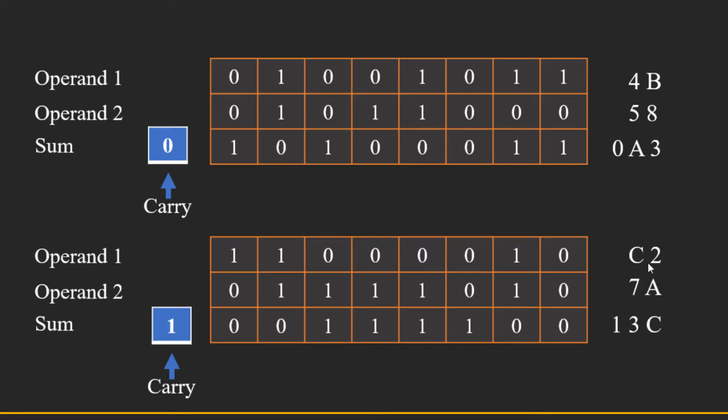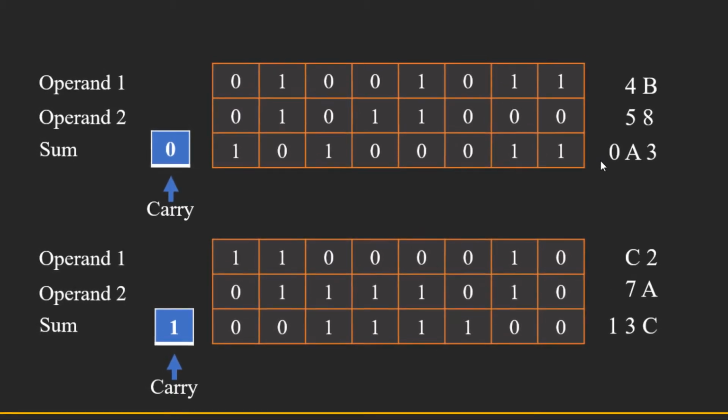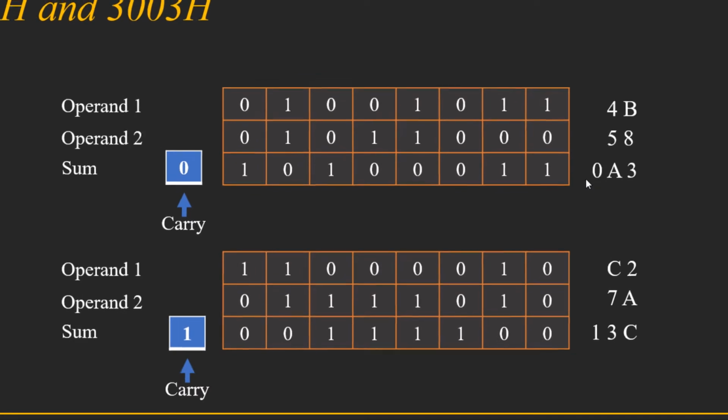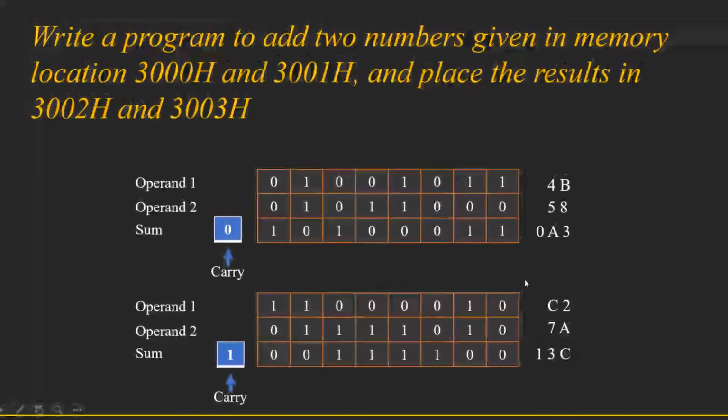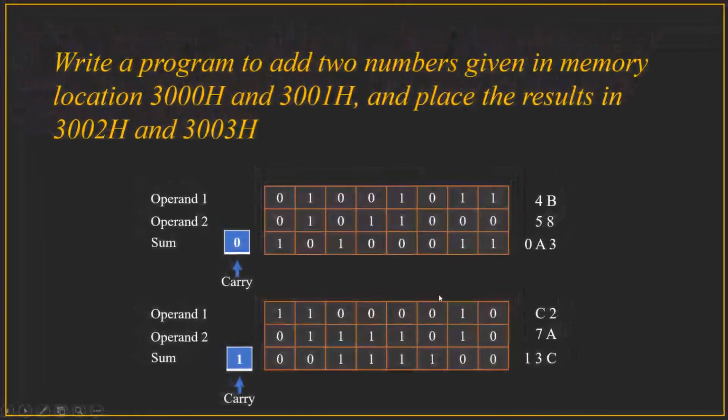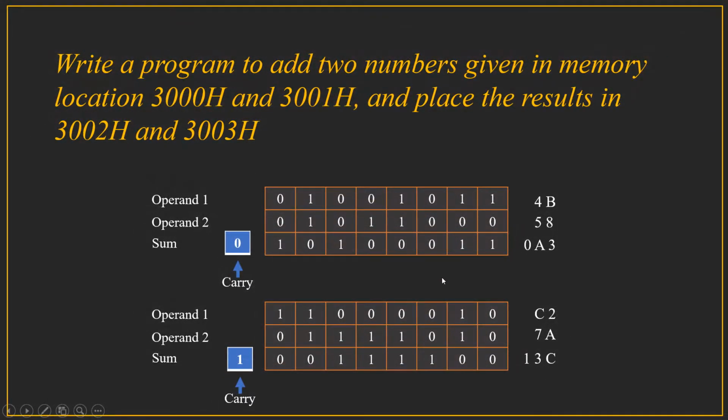While if you write C2 and 7A, then the sum is 13C, where this 1 is represented by the carry flag. So that is very much the part of the sum of the two numbers. So we need to write the results in this form, that it is a 16-bit number which either will be 0 or it will be 1, and that is how you have to write the program.